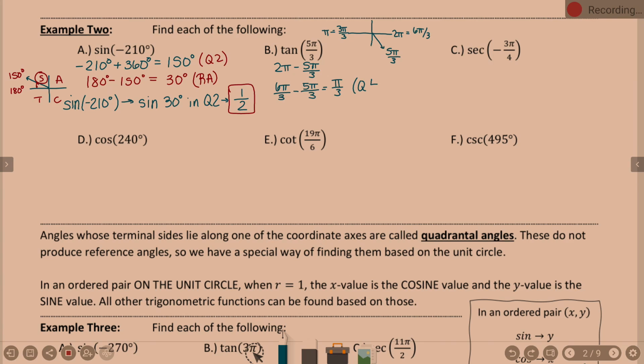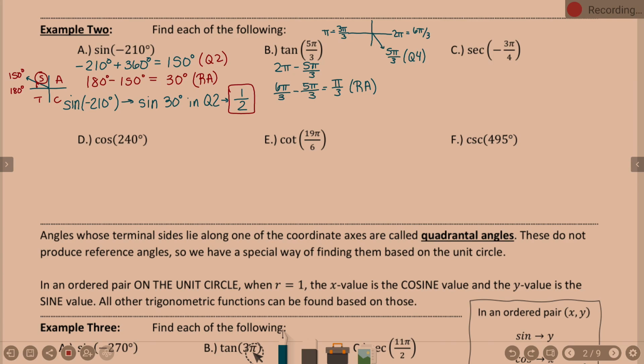What I was asking there was not where pi over 3 is. Sorry, I see what's confusing. Right here, we figured out that this is in quadrant 4, right? Pi over 3 is my reference angle. Is pi over 3 on my chart?